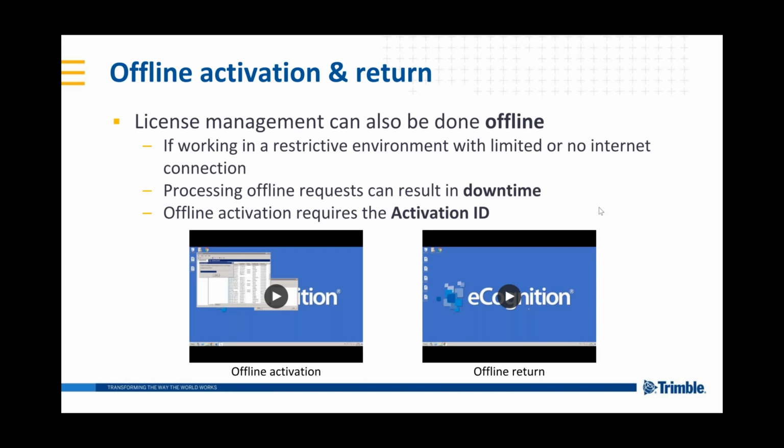And please note, because you will be working in an offline environment, you'll have to generate this request. You will send it to our team, and that may lead to some downtimes because we have to process that manually on our side and give you the corresponding files back so you can activate the software offline.